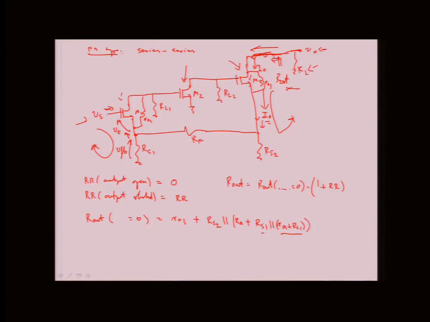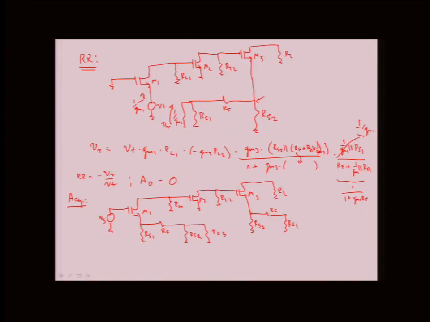If we ground Vs, what do we see? It's basically this situation over here, right? So we see 1 over gm. And that's what we terminate with.